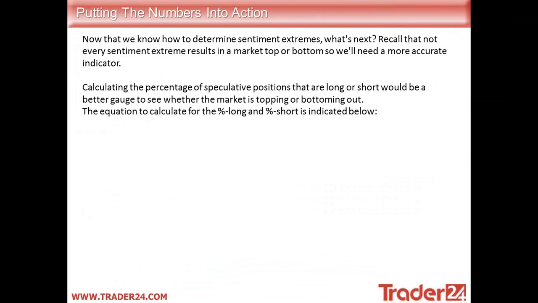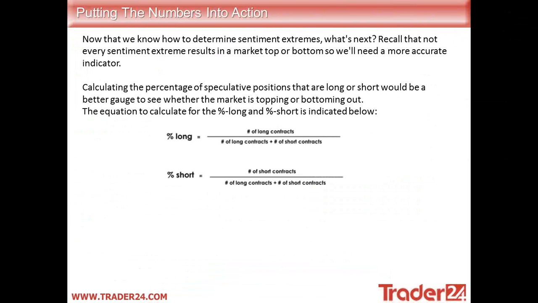The equation to calculate the percentage long and percentage short is quite easy. The percentage long is the number of long contracts divided by the number of long contracts added to the number of short contracts. Conversely, the percentage short would be your number of short contracts divided by your addition of long contracts and short contracts.